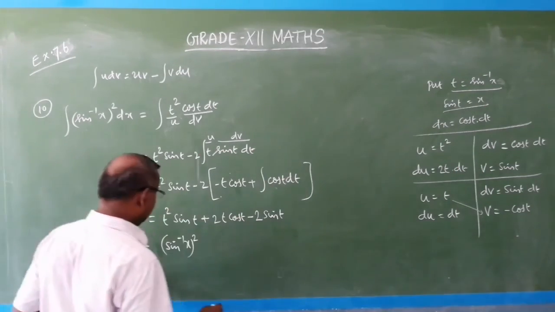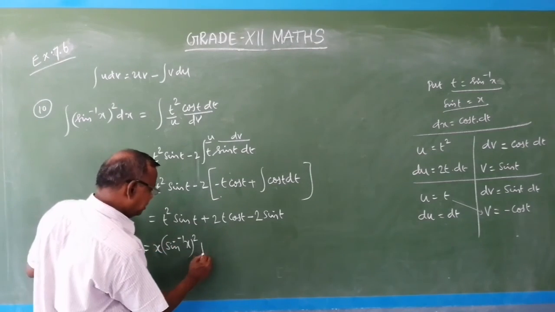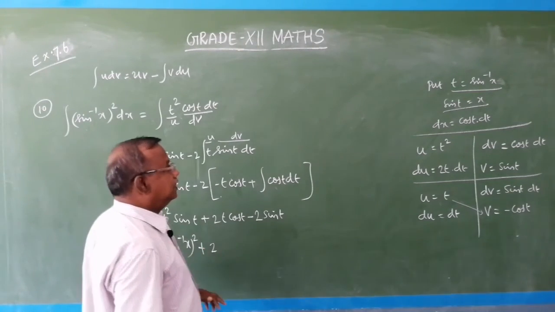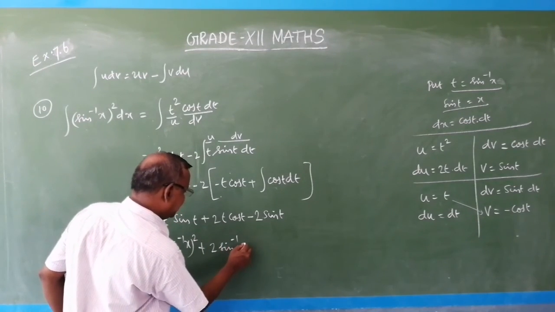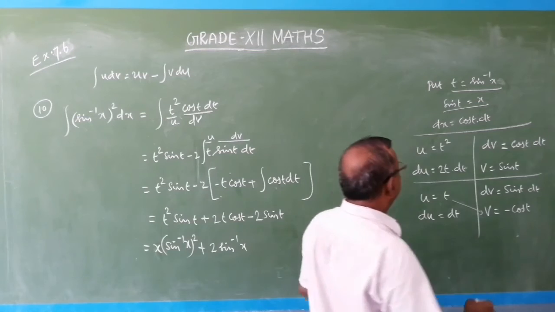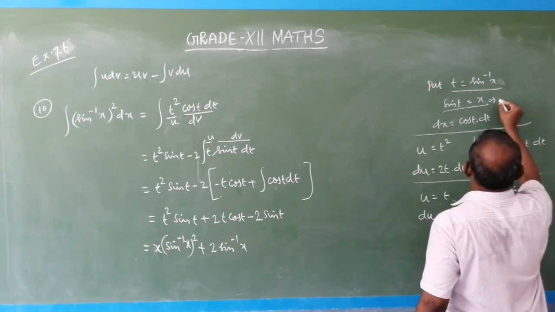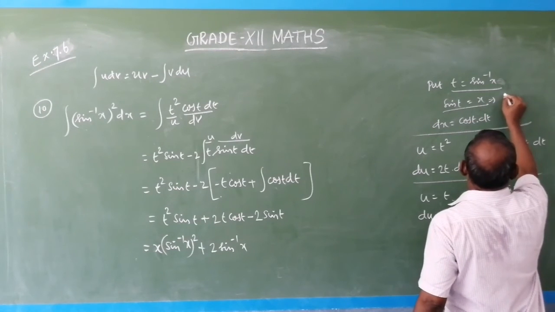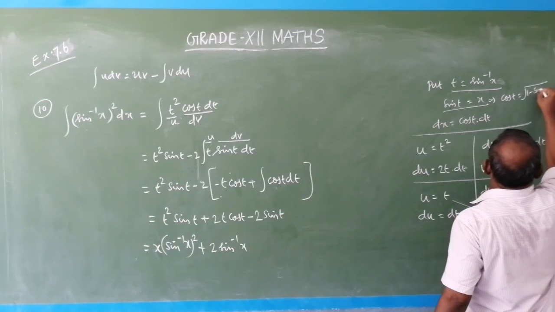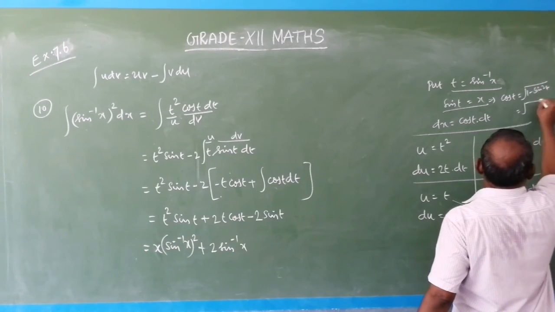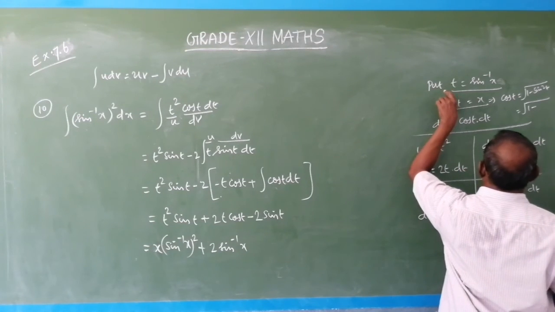So, it is x into sin inverse of x the whole square plus 2 into t means sin inverse of x, and cos t means, we know sin t equal to x. So, cos t equal to root of 1 minus sin square t, that is equal to root of 1 minus x square.